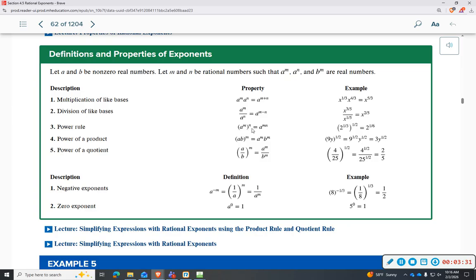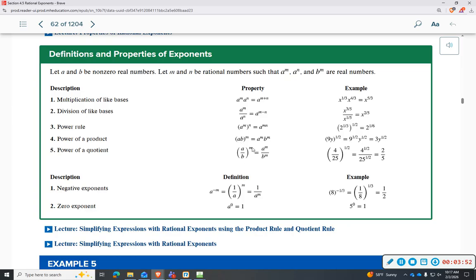Raising an exponential term to another power, you multiply. And then if you have 2 factors being multiplied raised to a power, it's the same as distributing that power to both. It's only when it's multiplication; that does not work with addition. So be careful there.